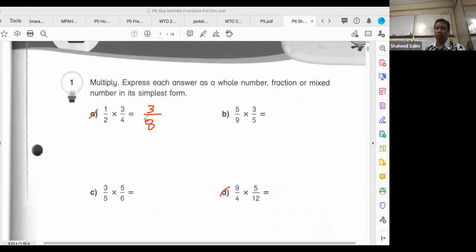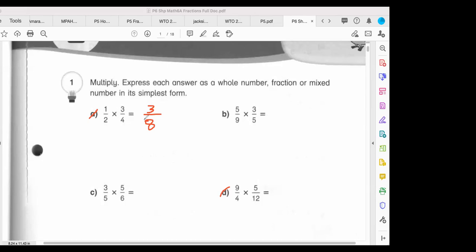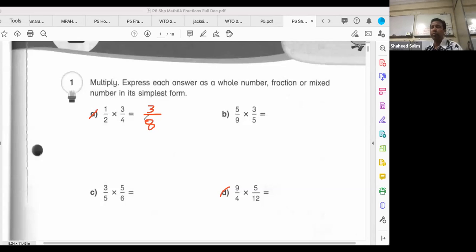Well done, Riaz, for D. Do B and C, Riaz. Kashril, reduce, reduce. Can divide by 3. It's best to reduce first, otherwise the number gets too big.